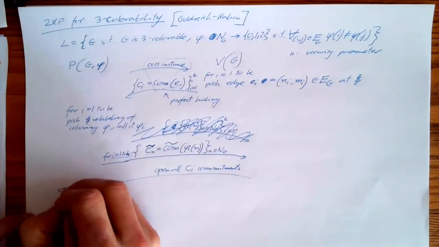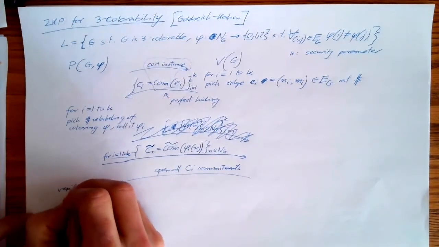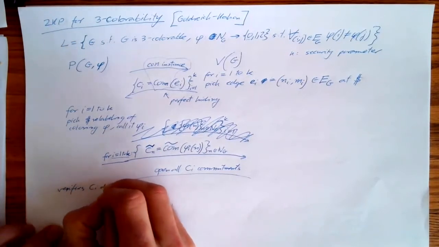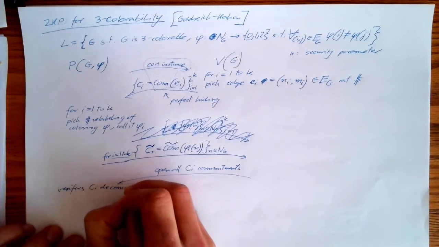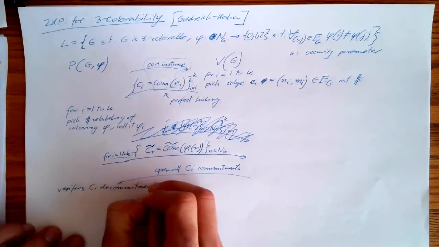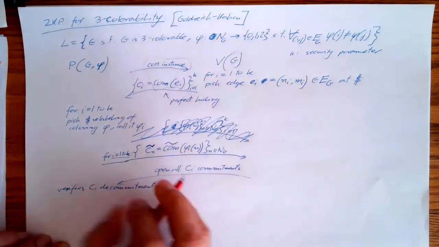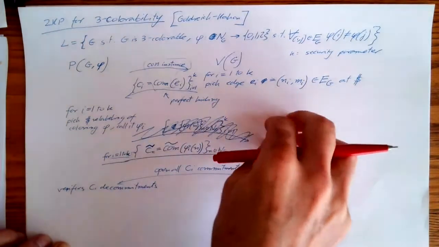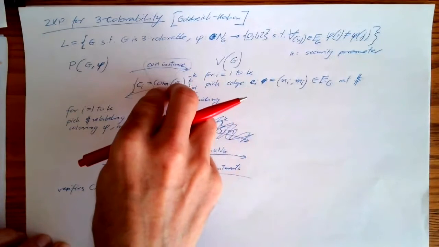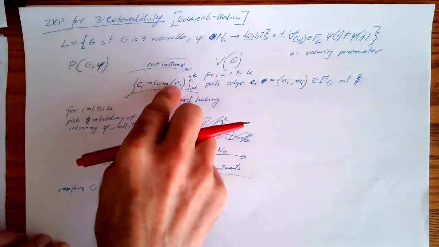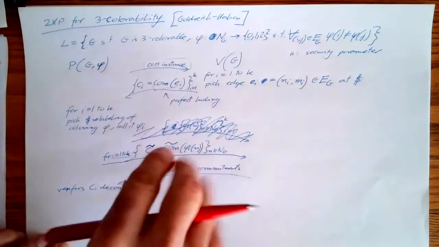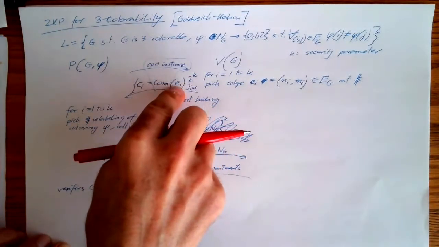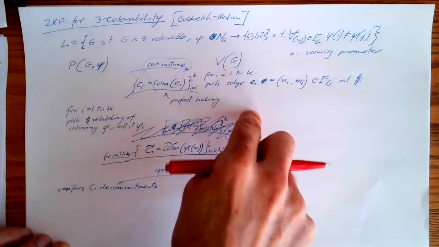The prover verifies the C I decommitments that were sent here, and if they are all correct, if the verifier indeed opened all these commitments, then for every instance I, the prover has some edge chosen by the verifier.